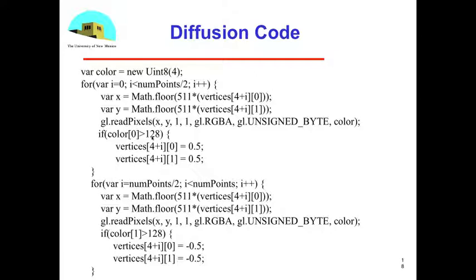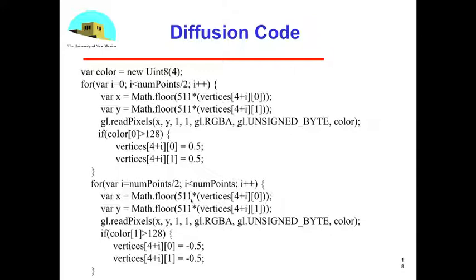For the first half of the particles, if it's greater than 128, just change the position. Likewise, for the second half of the particles, I check whether it's green by looking at the second component of the color that I read, and if it is greater than 128, I move to minus 0.5, minus 0.5.